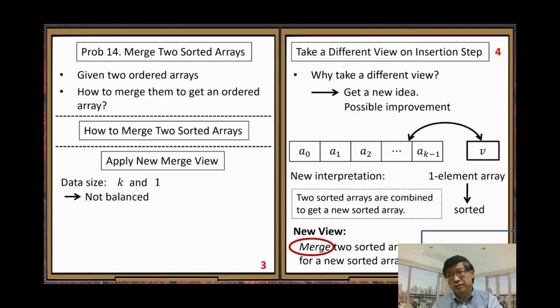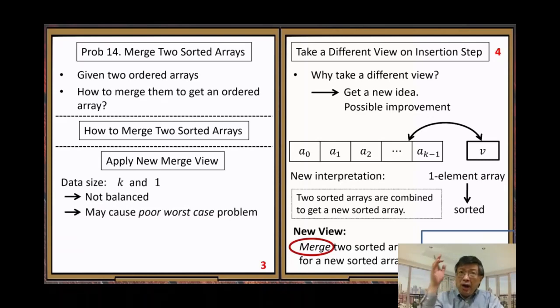And we have experience, we know that when we split data into two subarrays, if the split is not balanced, it may cause a poor worst case. We want to avoid that kind of unbalanced data split.